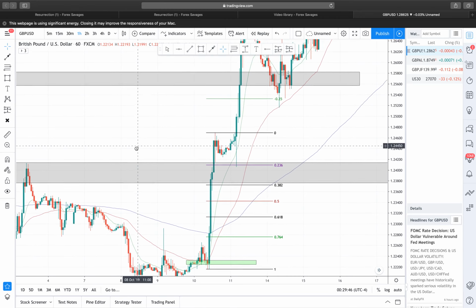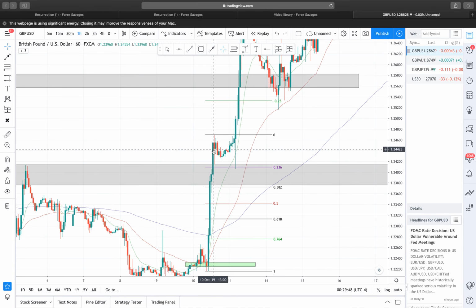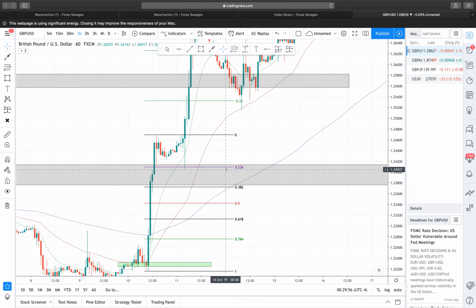Since we broke up past this, we broke right through, and just like a resistance and a support zone, we could have scalped this right here the minute it started rejecting.